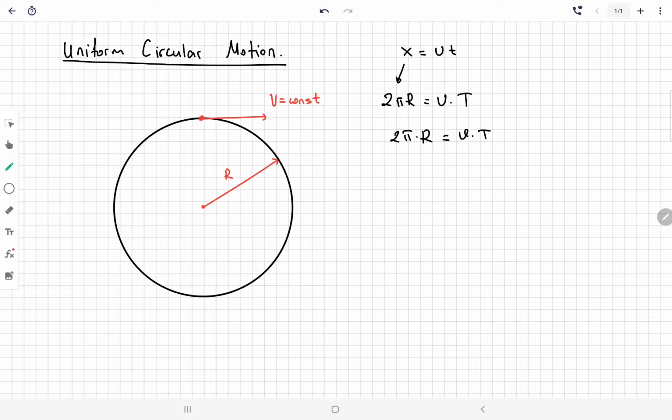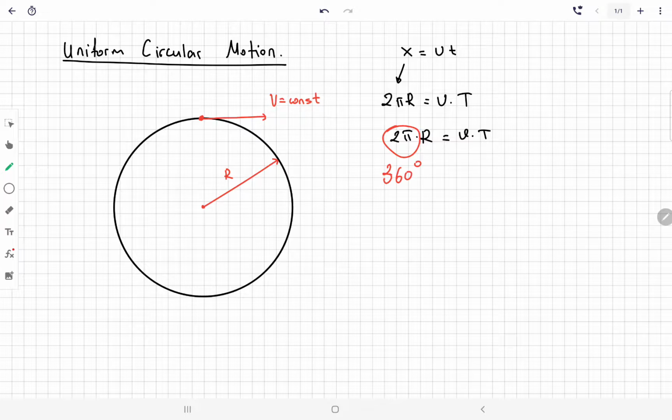What is 2π actually? 2π is the angle, 360 degrees. So when the car makes one complete circle, basically it rotates 360 degrees. Yes? We can write it in terms of π and it's equal to 2π, which is 360 degrees in terms of degrees.